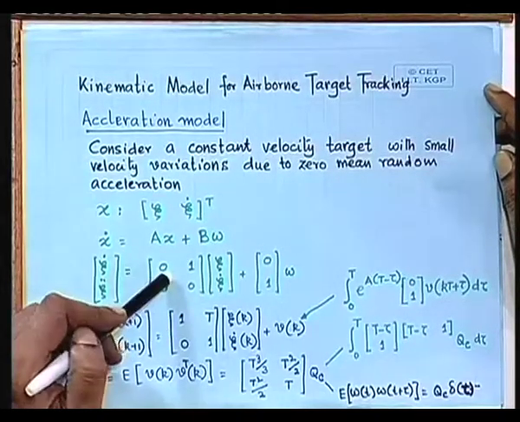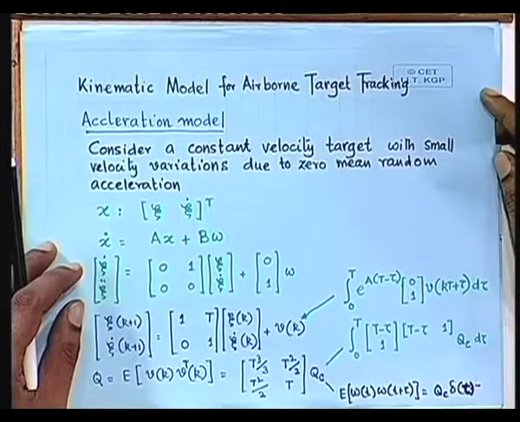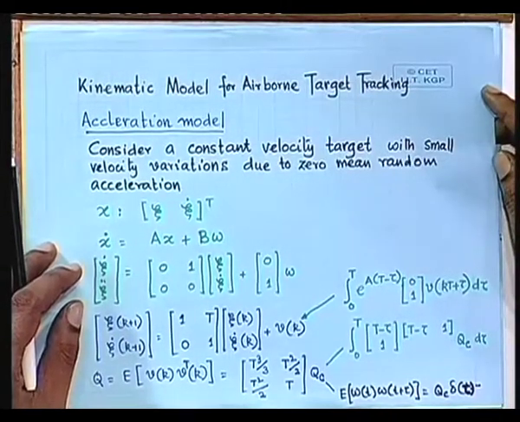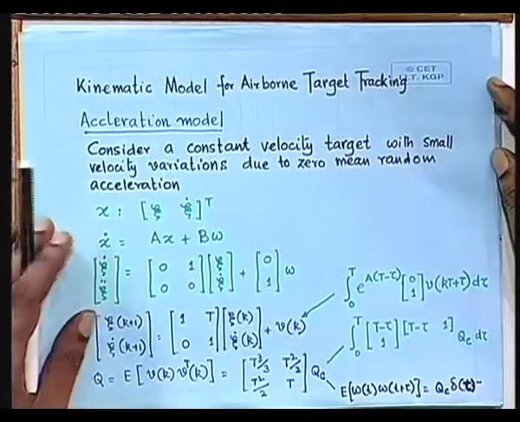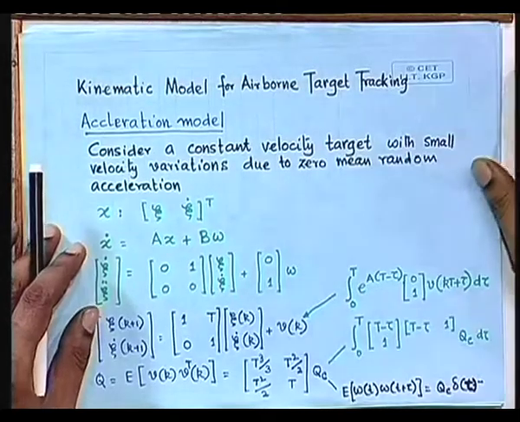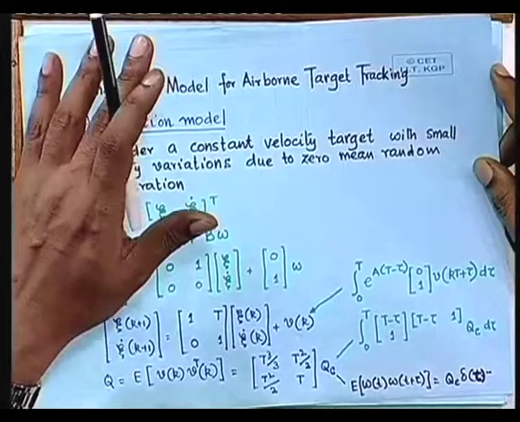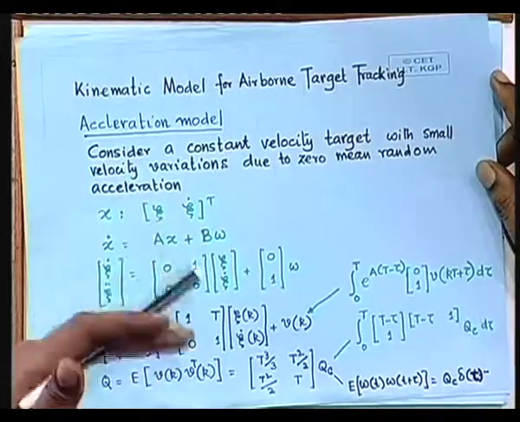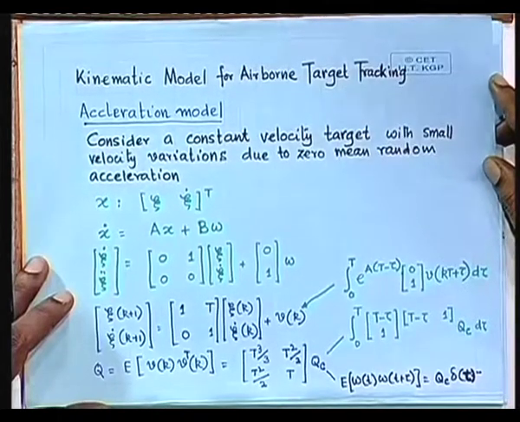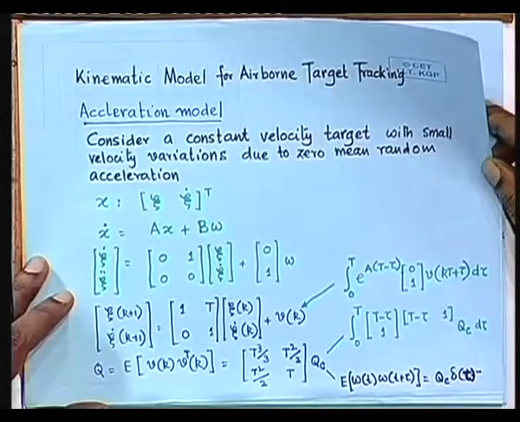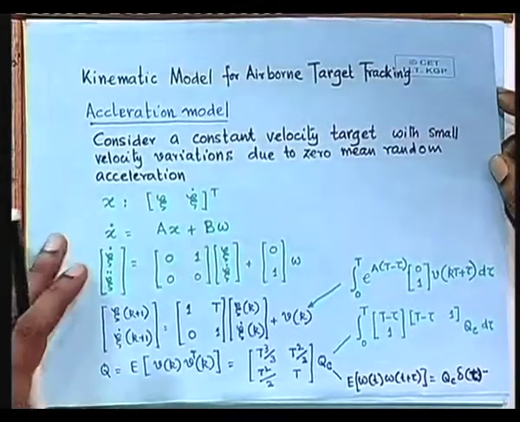Then you will assume that you have a small random jerk input. Jerk is the derivative of acceleration. People use such models also, especially for tracking various kinds of targets which may be suddenly trying to speed up, again slow down in a random fashion. Sometimes it is useful to use the jerk model or the constant acceleration model, I mean a 3-dimensional third order model.